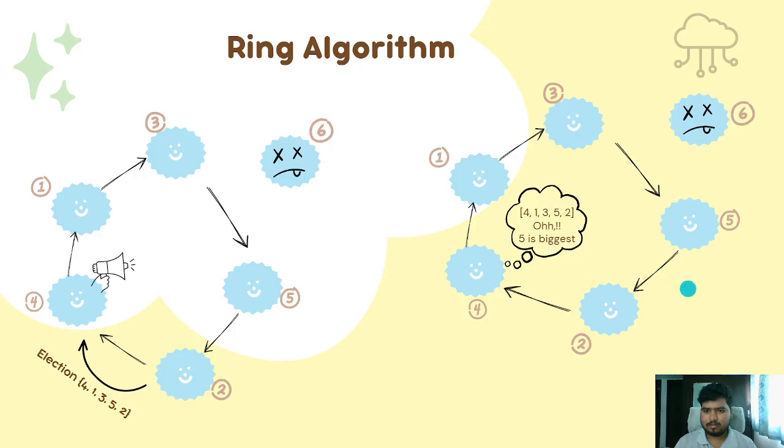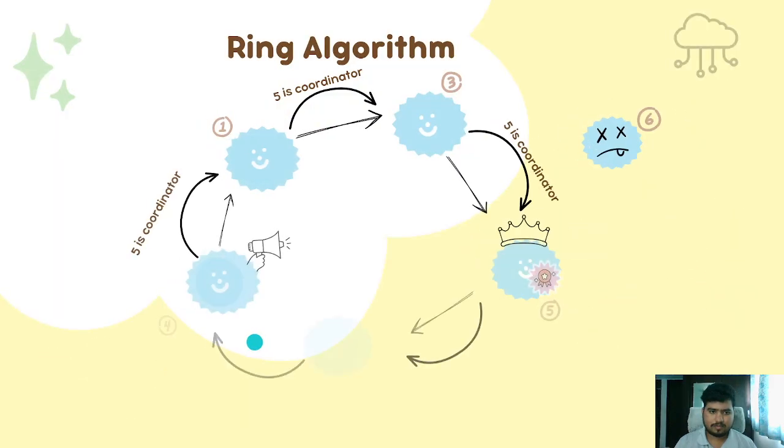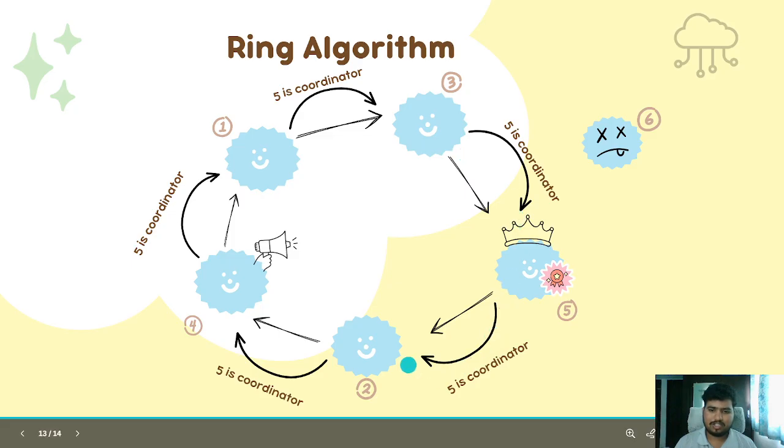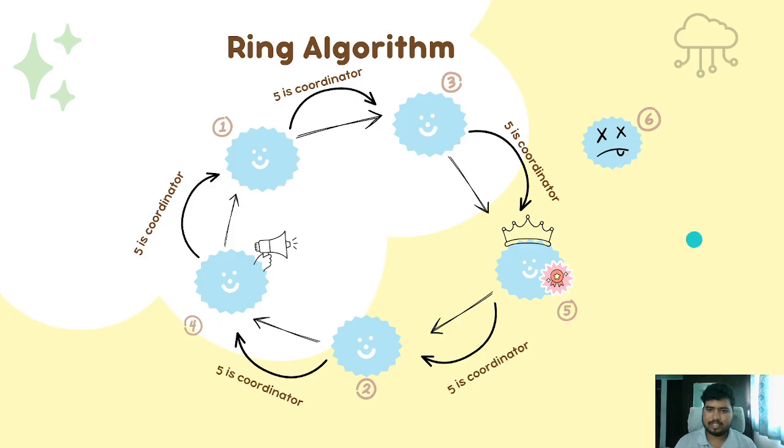So the fifth is the new coordinator. So the fourth node circulates that message through the entire ring: fifth is coordinator. So the fifth process becomes the new coordinator and sixth is still inactive.